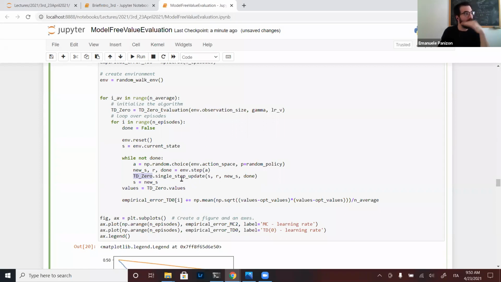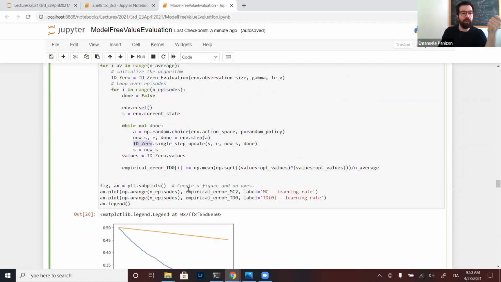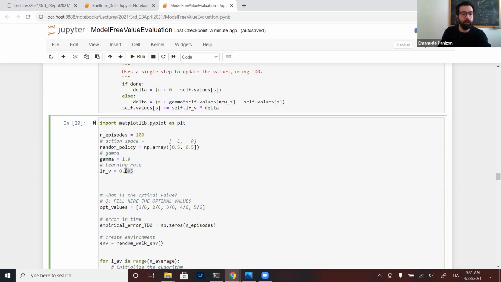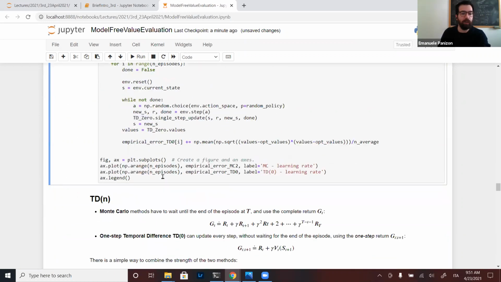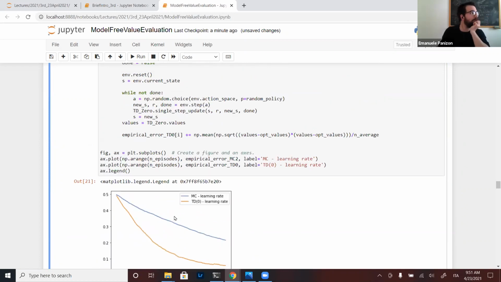Before, the update was after the whole episode. Now the update is in between single steps of the episode. And you can see now essentially what happens for the system, and it does something which is comparable to the Monte Carlo.